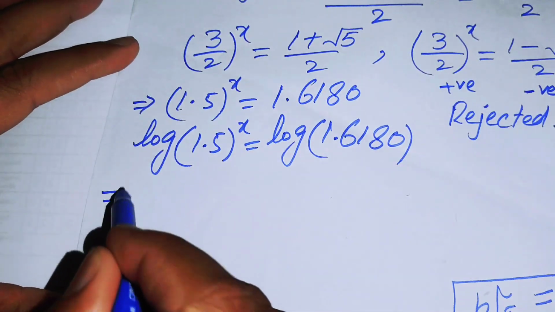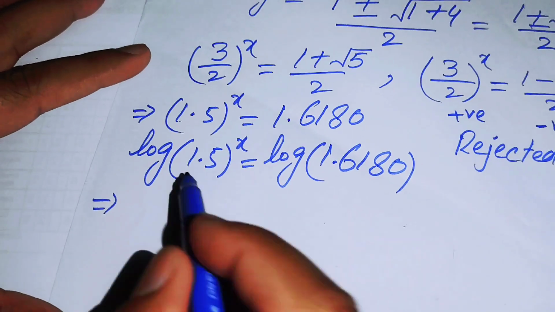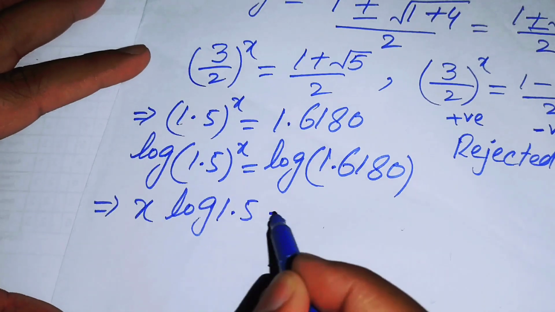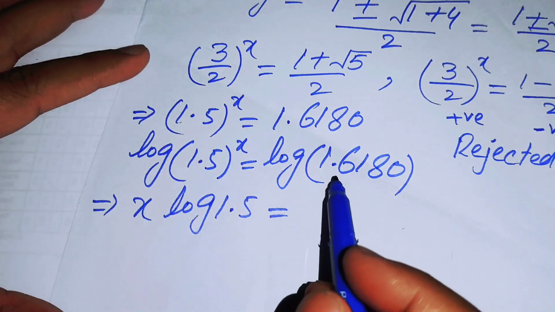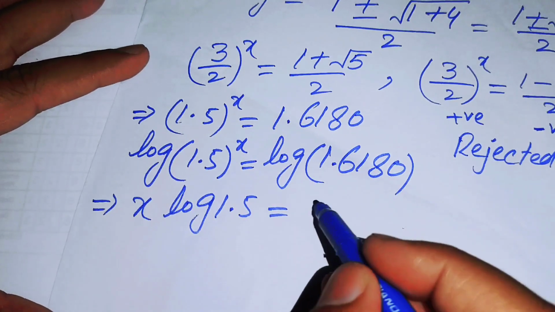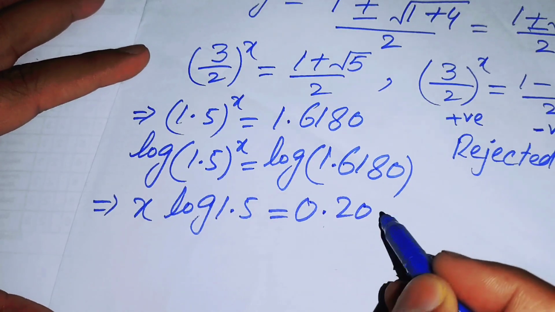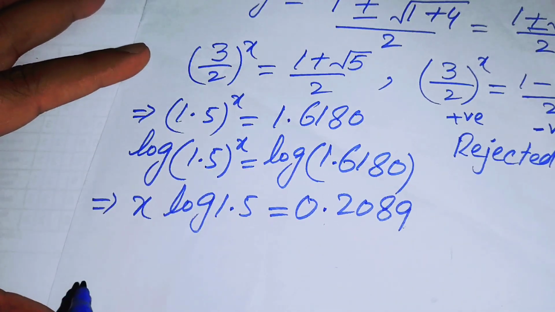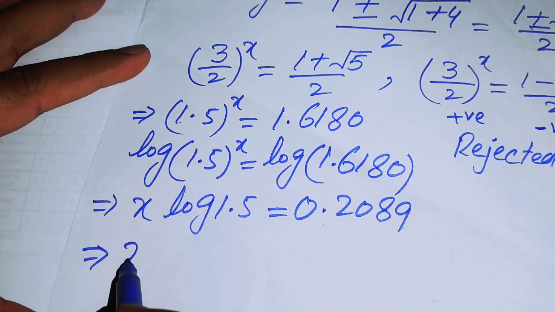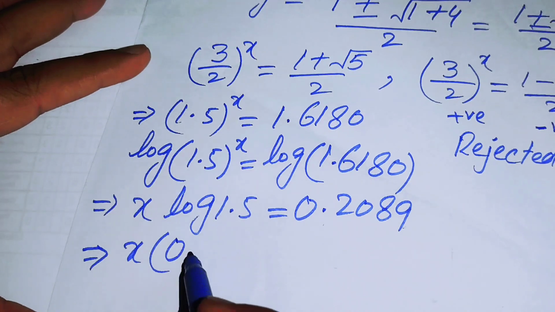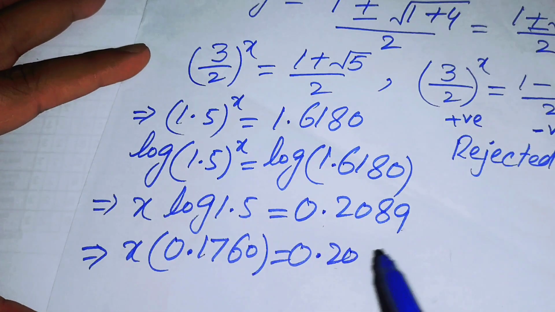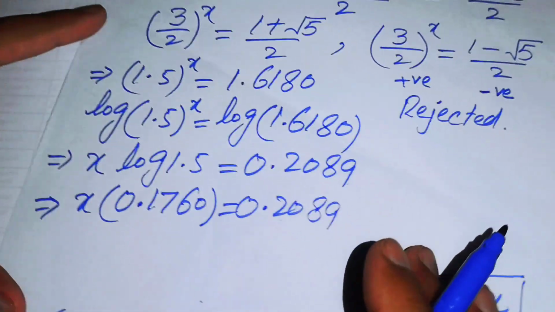Here we can apply the property of log, and x times log 1.5 is equal to, using the calculator to find the value of this log, 0.2089, and the value of log 1.5 is 0.1760, so x times 0.1760 is equal to 0.2089.